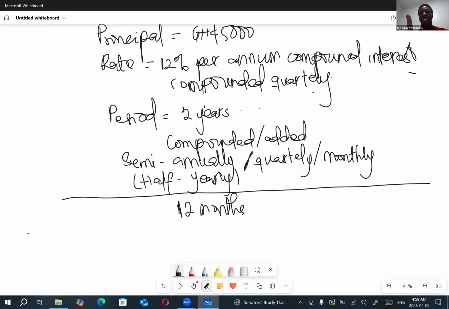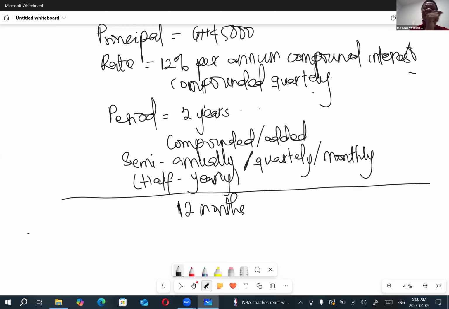Guys, be smart about that. If I'm telling you that Christiana went to the bank in April, you should be able to tell when she should expect an interest.